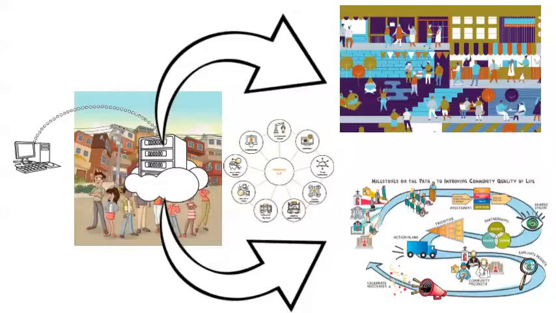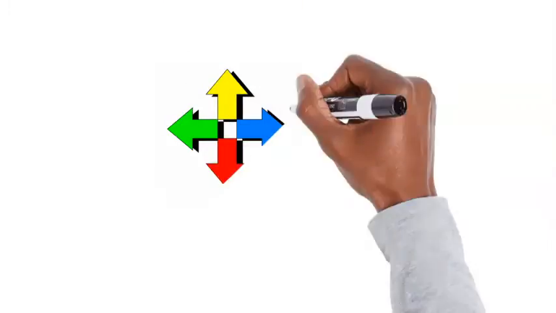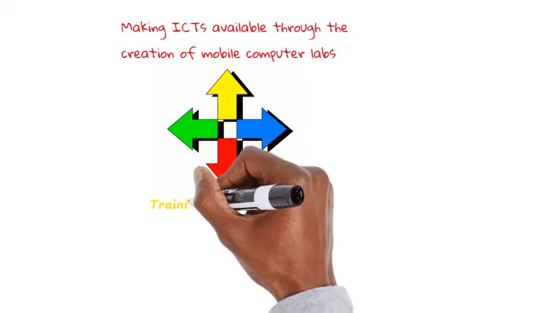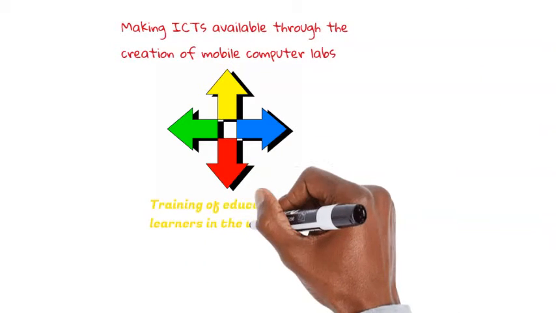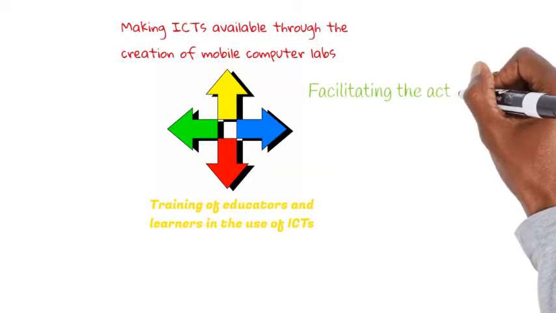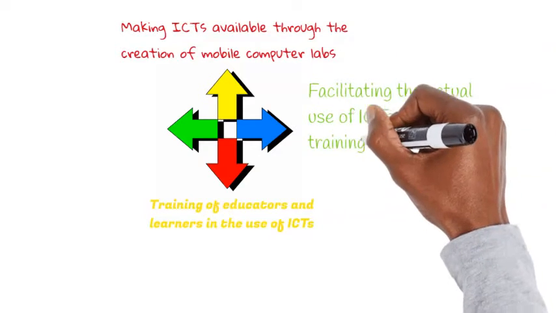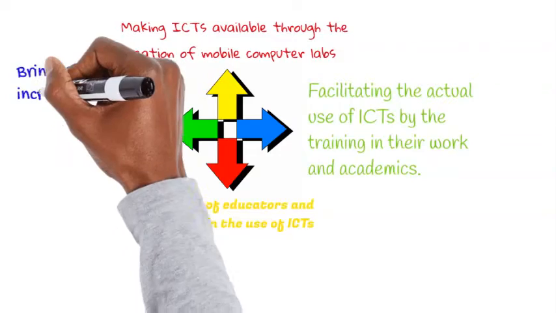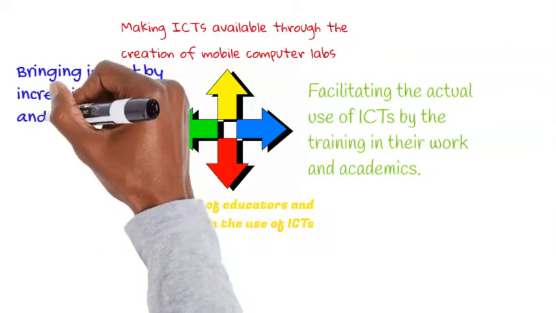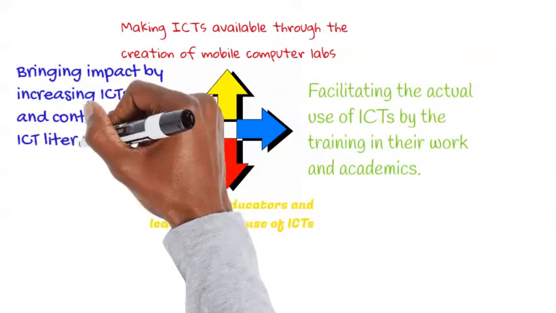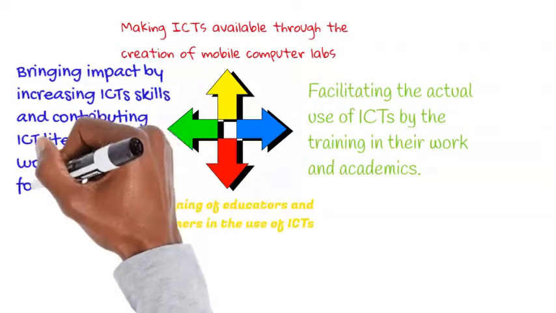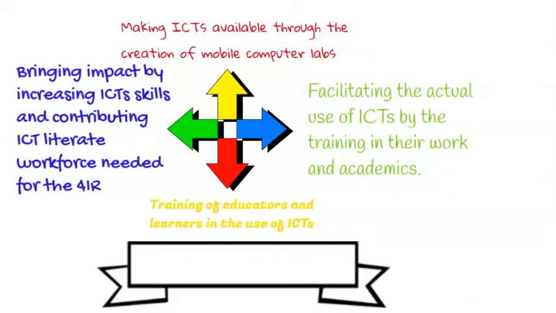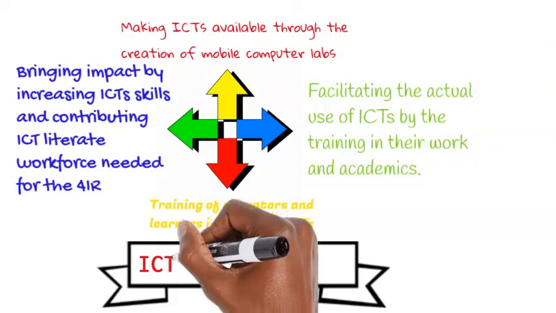So things like making ICT available through the creation of mobile computer labs, training of educators and learners in the use of these ICTs, facilitating the actual use of ICTs by the trainees in their work and academics, and bringing impact by increasing ICT skills and contributing an ICT literate workforce needed for 4IR. All these are aspects that make this project an ICT4D project.